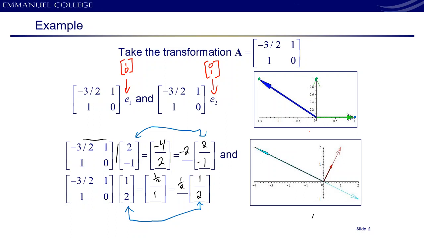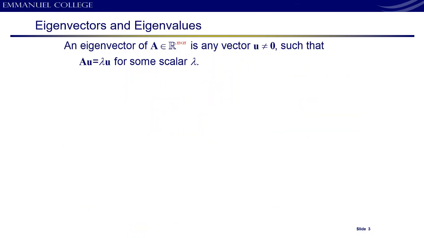That leads us into what an eigenvalue is and what an eigenvector is. An eigenvector of a matrix A, which is n by n, very key here, we have to use square matrices, is any vector, not the zero vector, such that A times u equals lambda times u for some scalar lambda.